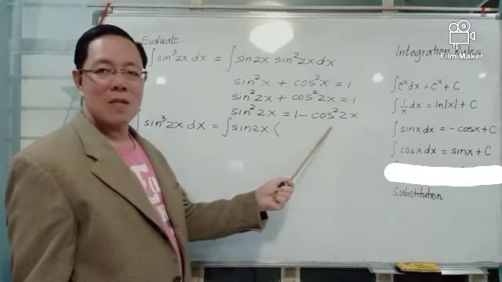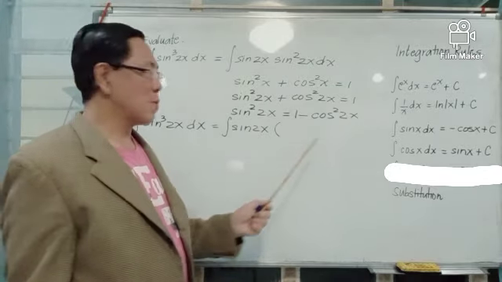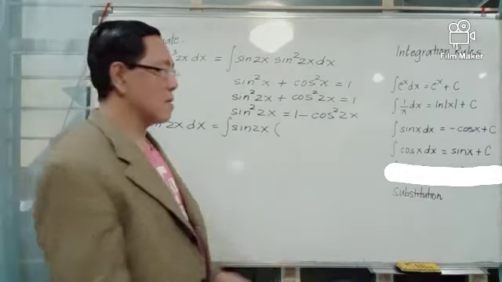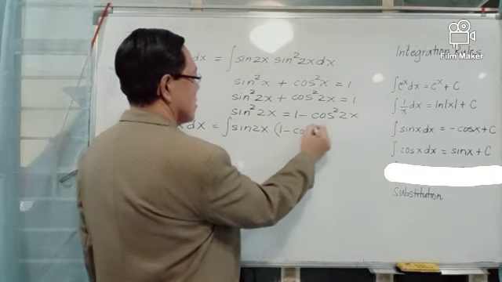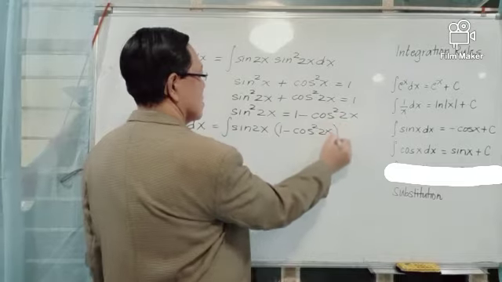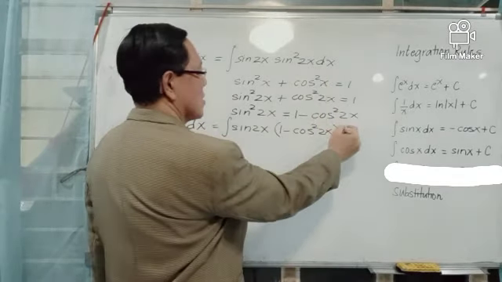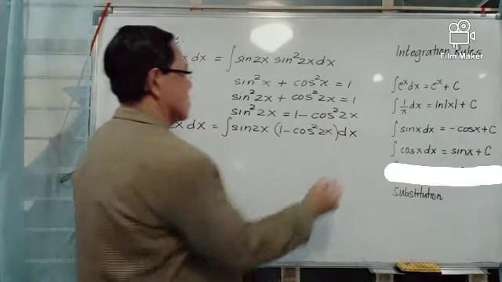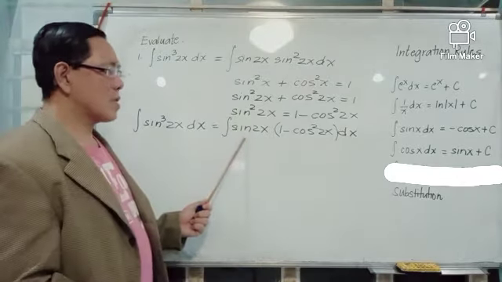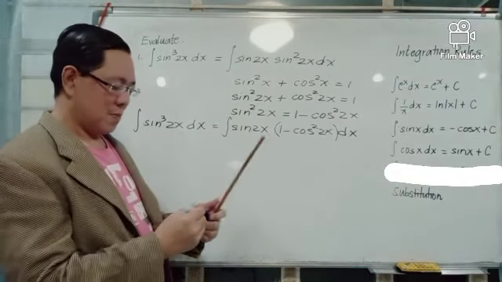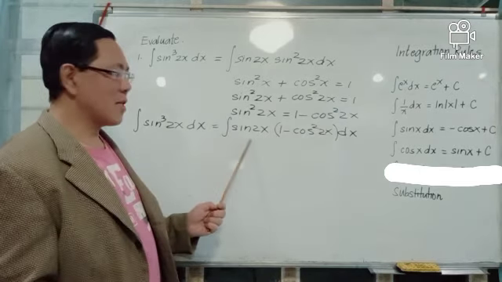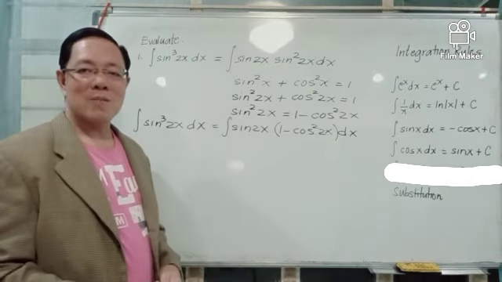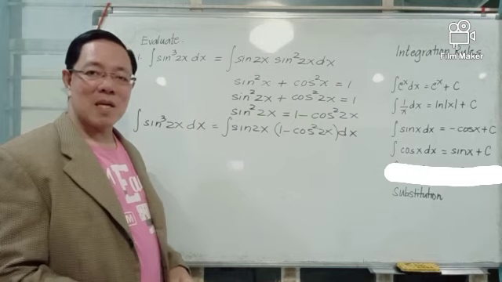Since this has more than 2 terms, we write it in parentheses. We integrate with respect to x. And we distribute sine 2x, multiplying each of these terms by sine 2x, by applying the multiplication property.